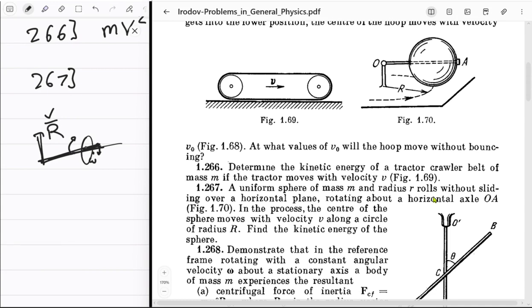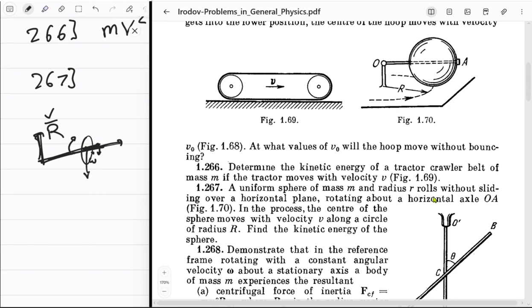This vertical stuff doesn't matter. So it's going to be r cross omega. This vertical omega vector doesn't matter for this because r is completely in the vertical direction, so that cross product is going to cancel out in any case. So we just have to look at this omega vector to get this point's velocity.